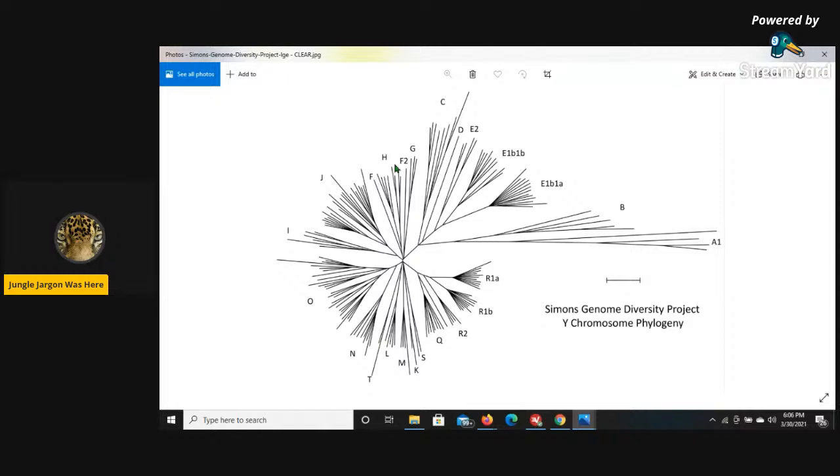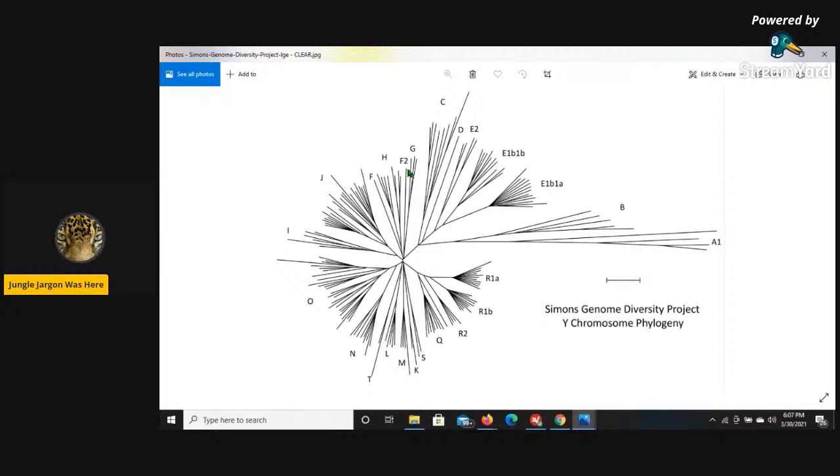But we have the F, the G, the H, the I, and the J, which are all branching off from the same point here, from Shem, from Arpachshad. Arpachshad is the son of Shem. Arpachshad is the J and the I. Elam is the F. Asher is the G. Aram is the H.